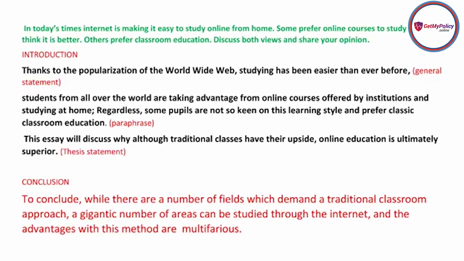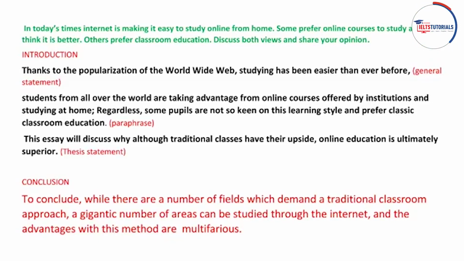So students from all over the world are taking advantage from online courses offered by institutions and studying at home. Regardless, some pupils are not so keen on this learning style and prefer classic classroom education, or the traditional mode of education, I can say.